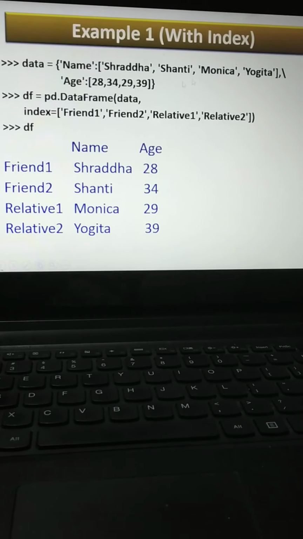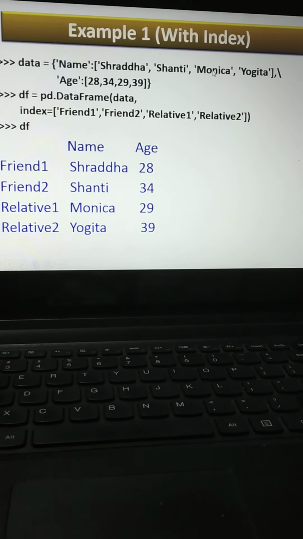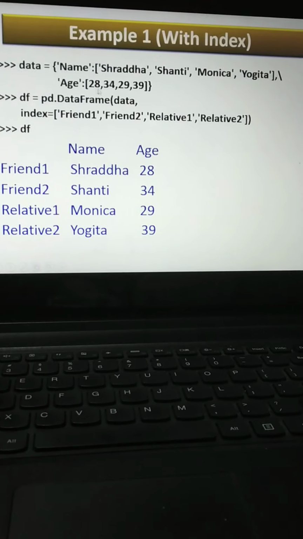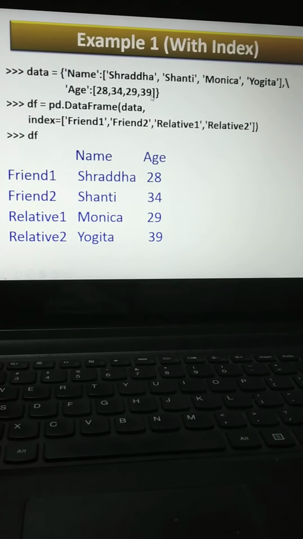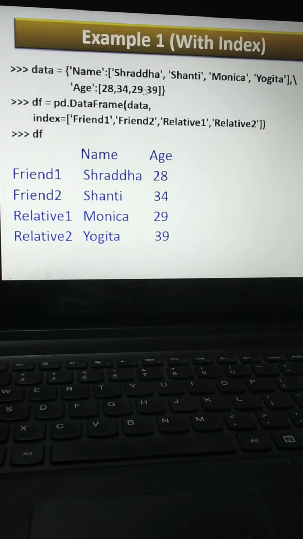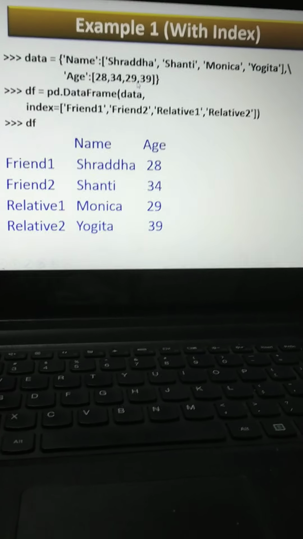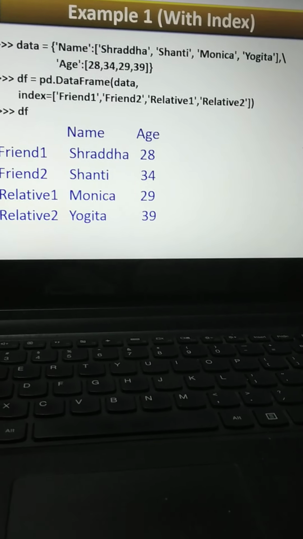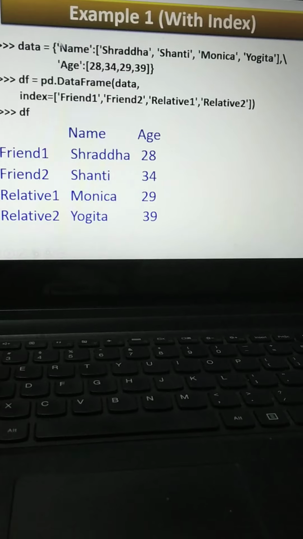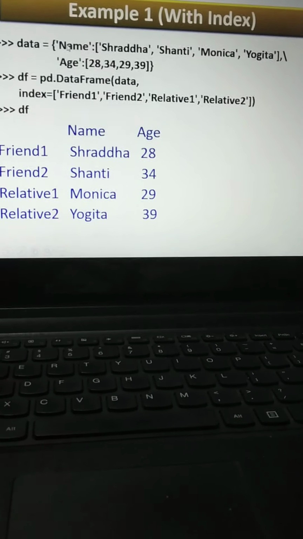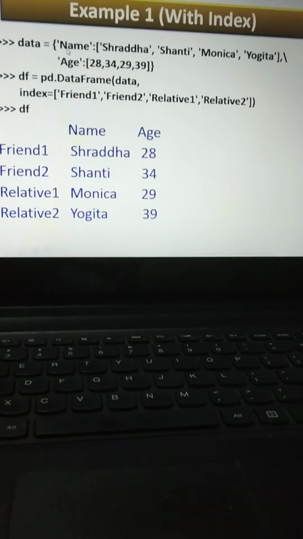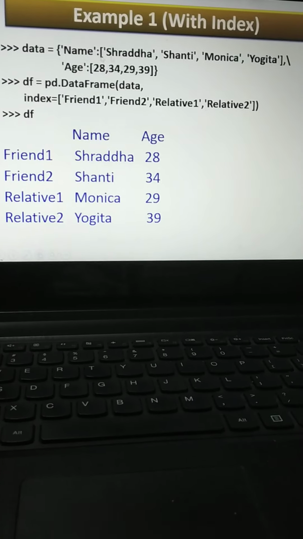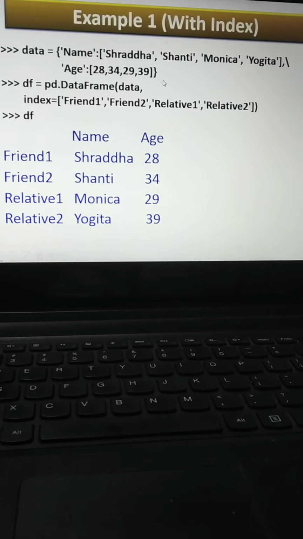See, both the lists are of the same size, 1, 2, 3, 4 elements here, and 1, 2, 3, 4 elements here. This whole thing is a dictionary, as we have learnt in previous chapters. This is the key and these are the values.